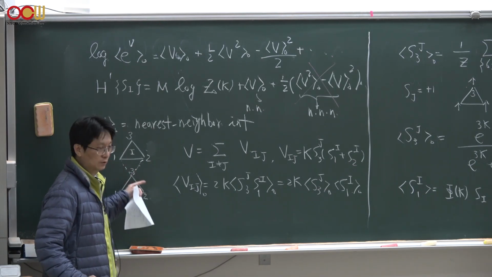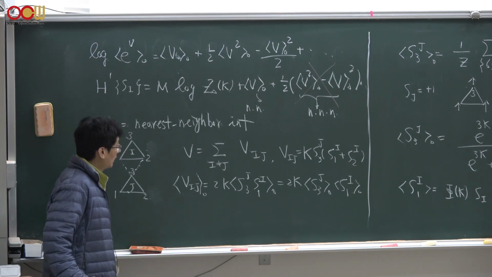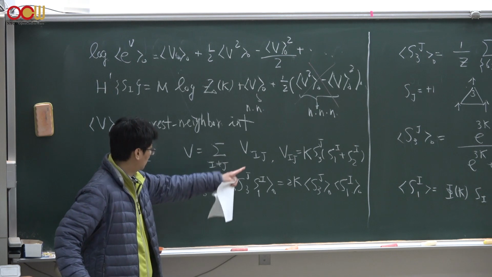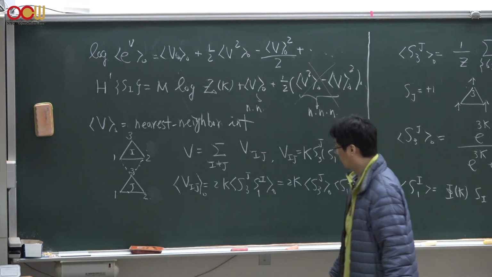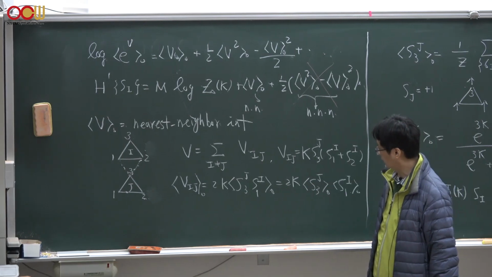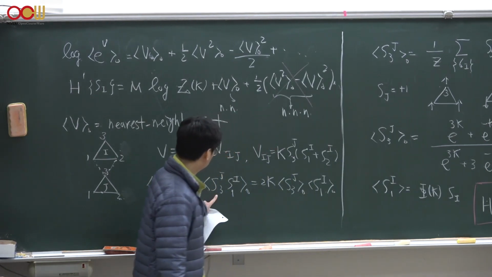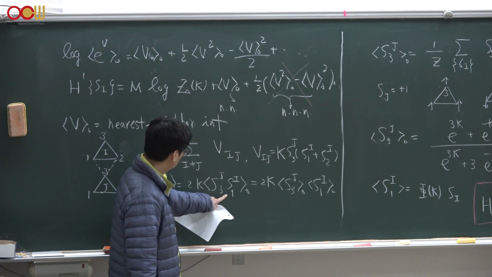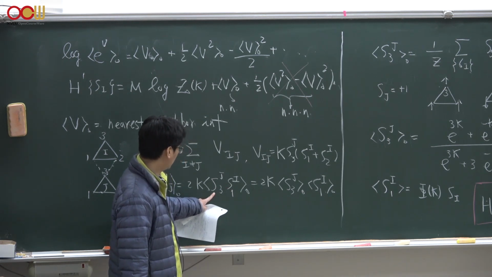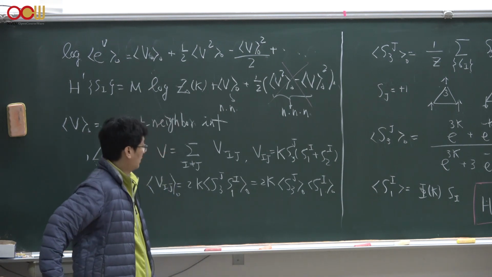Therefore, these two terms should give us identical contributions. So we simply multiply this single term by a factor of 2 to sum over these two contributions, because they are identical. So we just calculate the single term S1 of I and S3 of J with the ensemble average with respect to 0.